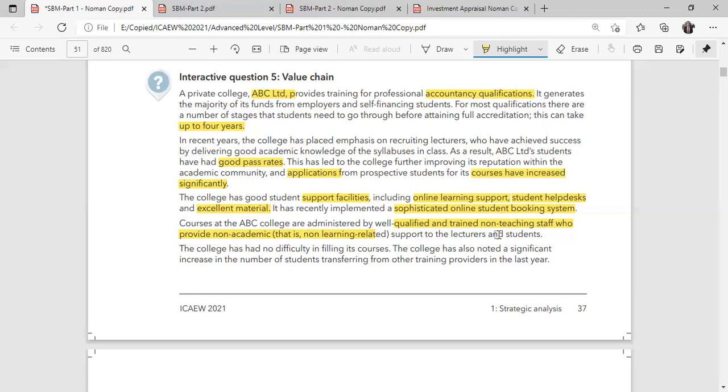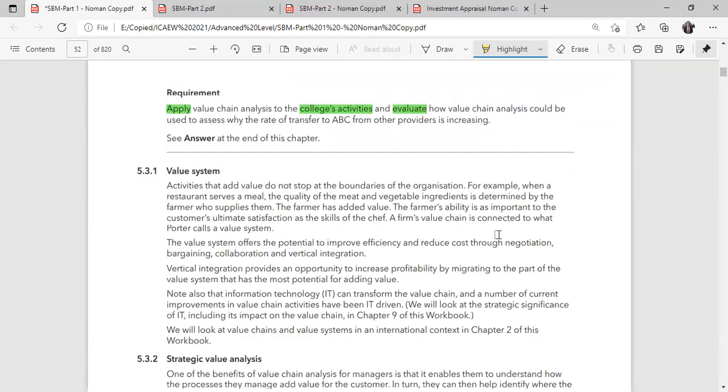I mentioned some of the points, what I got from this scenario and what I got from some knowledge that was relevant for this private college, ABC Limited. We have another requirement: why is the rate of transfer to ABC from other providers increasing?